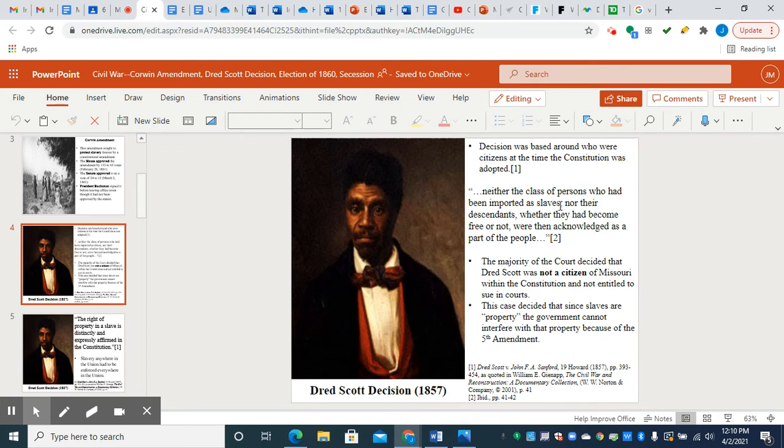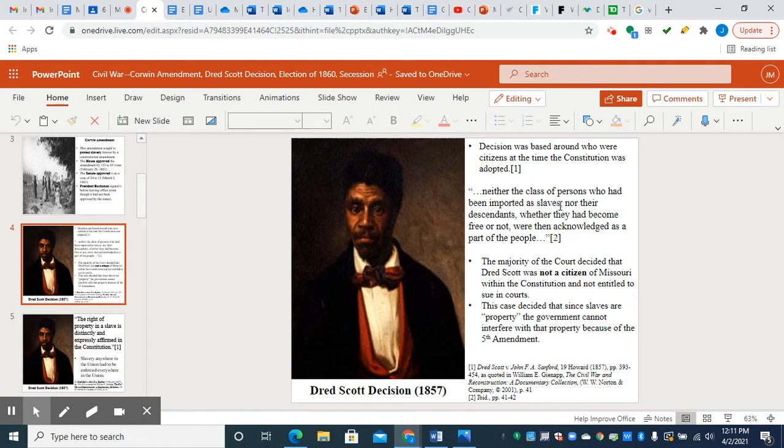And when the Constitution was accepted, slaves were not technically citizens. Therefore, if they were not technically citizens, and Dred Scott is a descendant of individuals like these, then Dred Scott is not a citizen. And if Dred Scott is not a citizen, he is not entitled to sue in court to maintain his freedom.